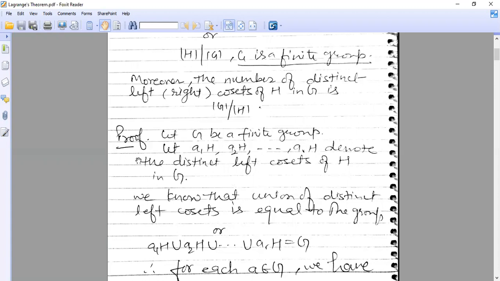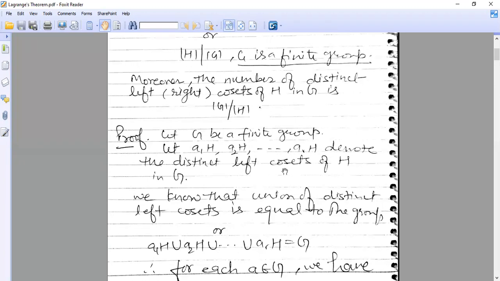So let A1, A2, ..., AR be distinct elements of the group, and corresponding to every element you will have a coset. For A1 you have A1H, for A2 you have A2H, and for AR you have ARH. These are the distinct left cosets of H in G.